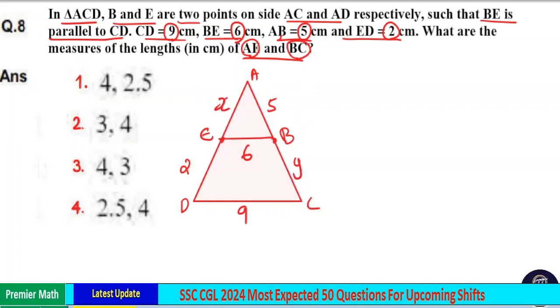Here the question says BE is parallel to CD. In that case, here BE is 6 and CD is 9. So 6 by 9 is in the ratio of AB, which is 5, divided by AC, that is 5 plus y.